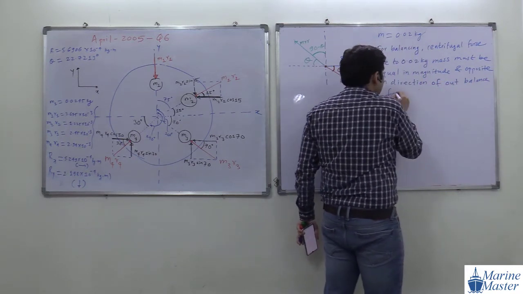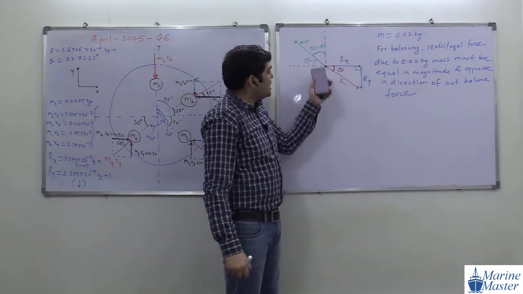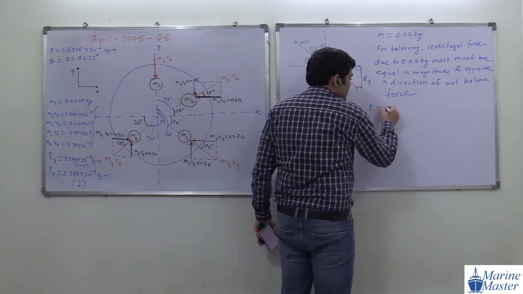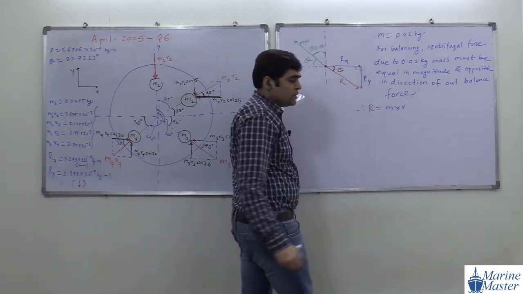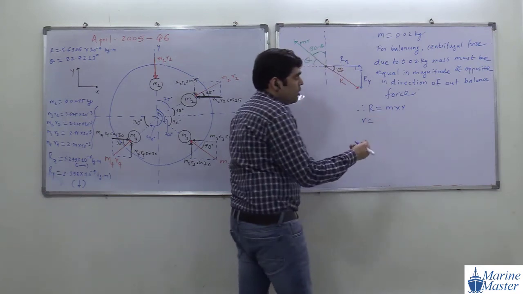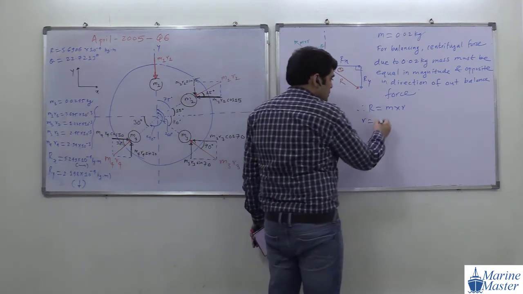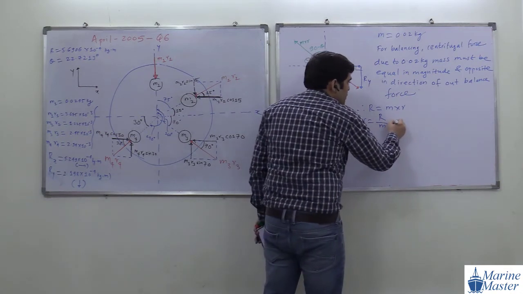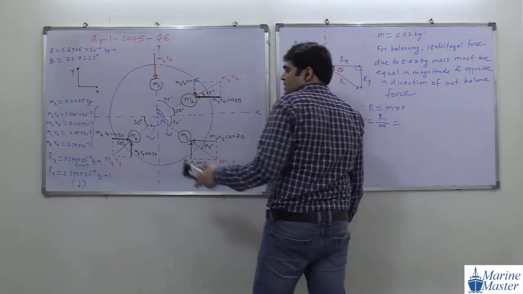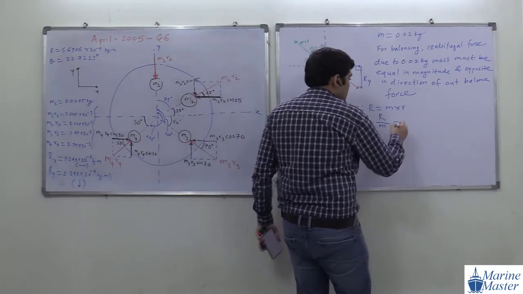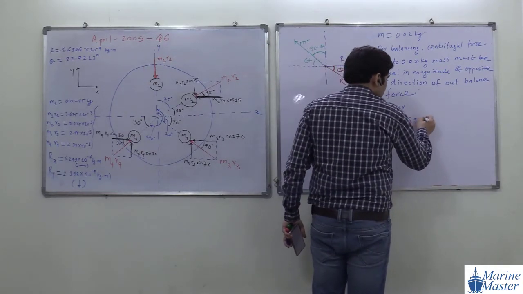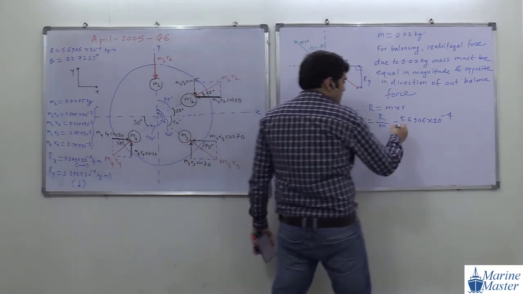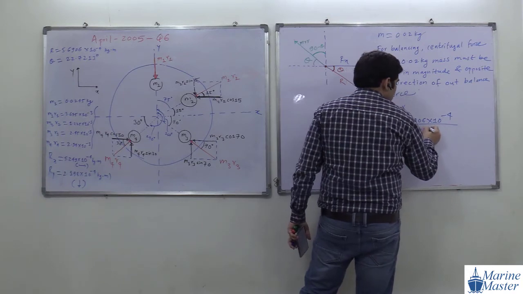Okay, you got it? What is meant by out of balance force? And here out of balance force is R. So therefore, what we can write? R is equal to m into r, where small r is the radius of the 0.02 kg mass. So capital R means our out of balance force, divided by m. What is the value of r? 5.6906 into 10 raised to the power minus 4 divided by small m, which is 0.02 kg.